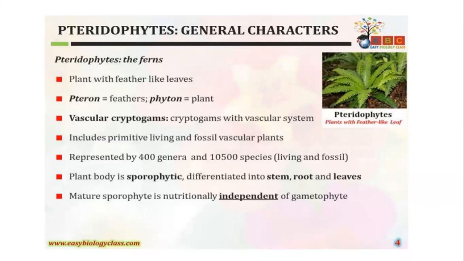Now, the pteridophytes include both primitive and advanced forms, living and fossils. These are all the genera of the pteridophytes. They are represented by 400 genera and 10,500 species all over the world. Among them, the majority are living and some are fossils.